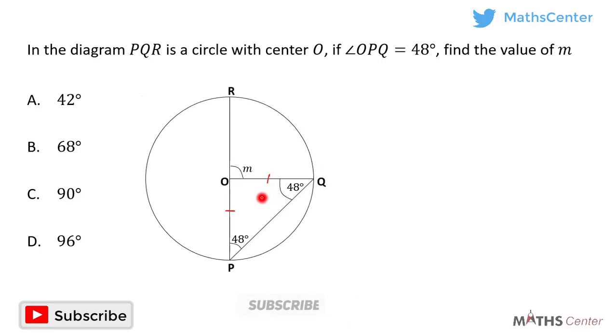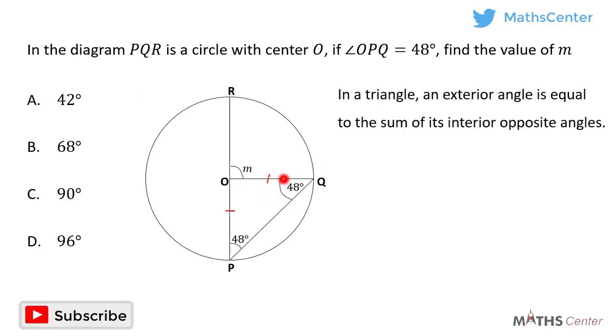One of the properties of a triangle is that in a triangle, an exterior angle is equal to the sum of its interior opposite angles. If we consider the triangle POQ, angle ROQ, which is represented by M, is an exterior angle.